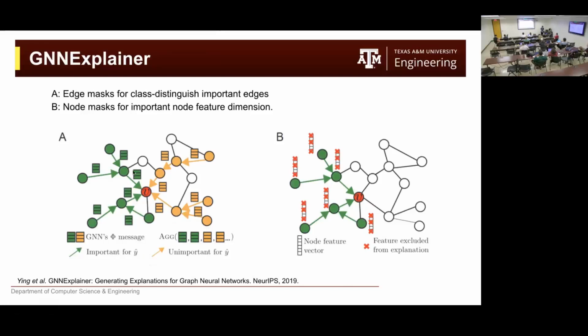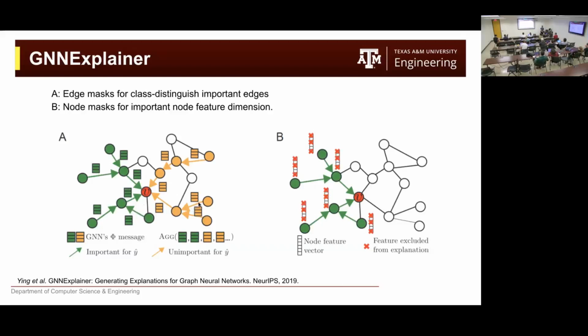So in figure A, for each edge, the GNNExplainer will first assign an importance score from 0 to 1 to each edge, and then to explain the prediction results of target node V, we will optimize the edge masks using some target, and then the final explanation result will be the green arrows. The green arrows mean that the importance scores on these edges are quite large.